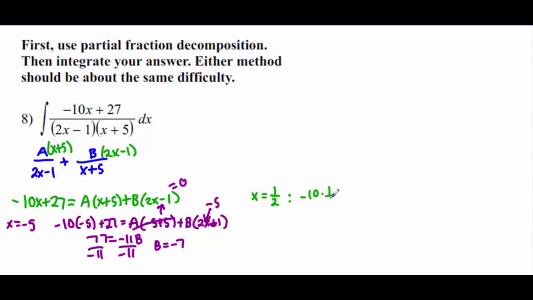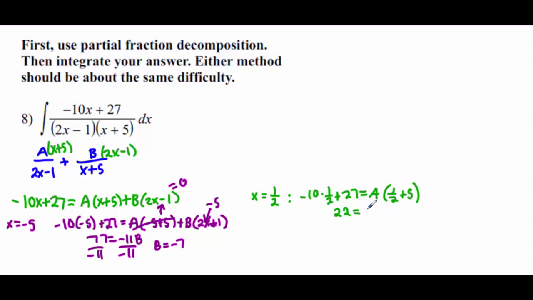So negative 10 times 1/2 plus 27 equals a times 1/2 plus 5. And then our b cancels, so that's good. So negative 10 times 1/2 is negative 5, and negative 5 plus 27 is 22.